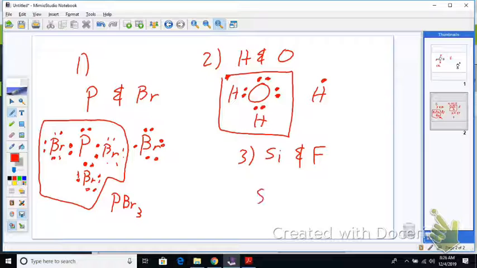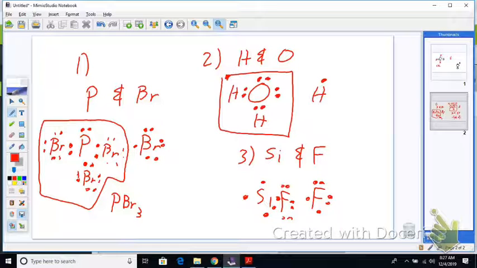And then Si, you want to do Si and carbon like this. You want them all single. What happens? It becomes what's called a hybrid. Don't worry about hybrid, but it's a little different than the other ones in the way you draw them. So then fluorine has its 7, and so it fills in here.